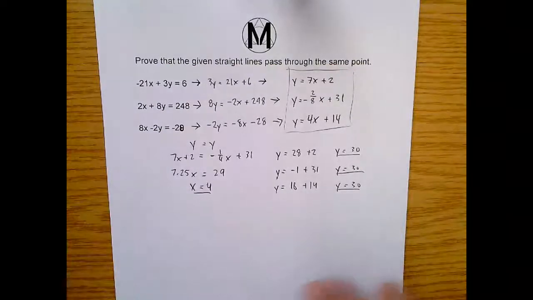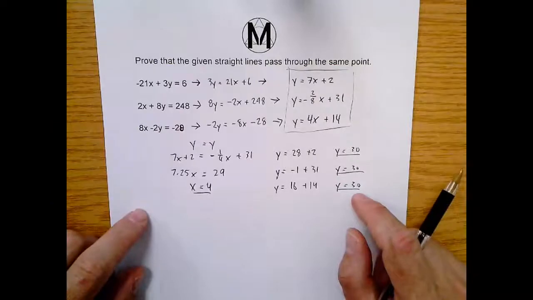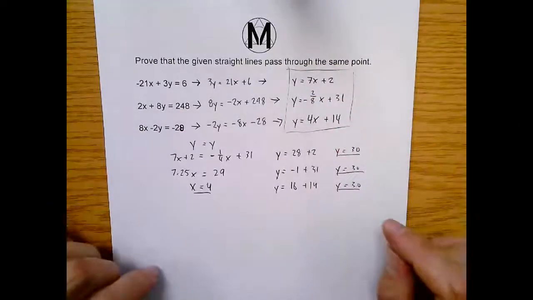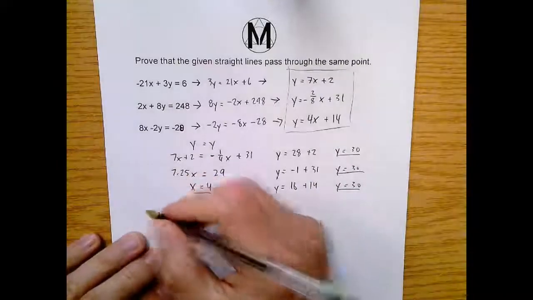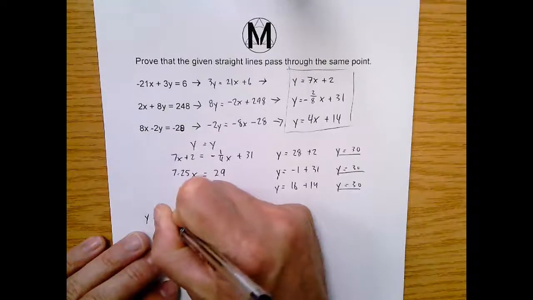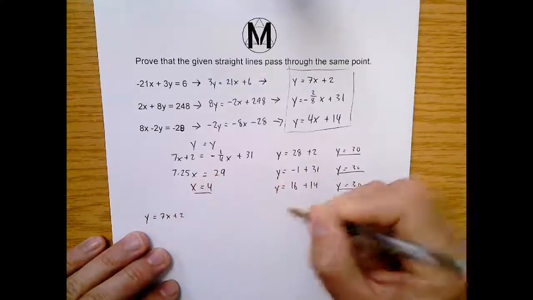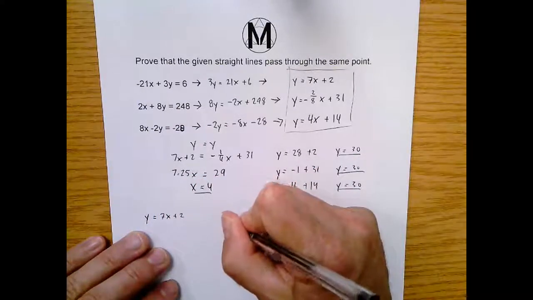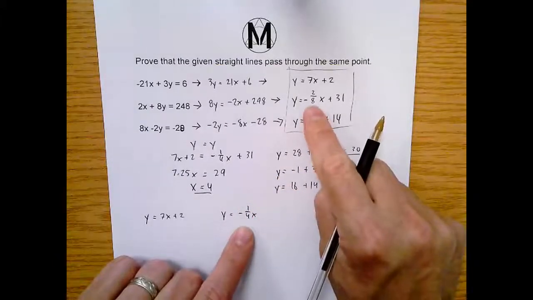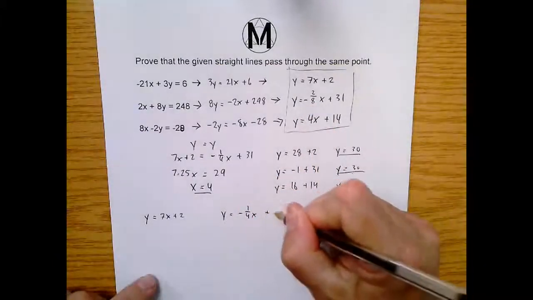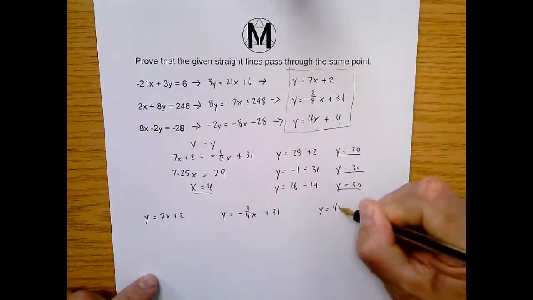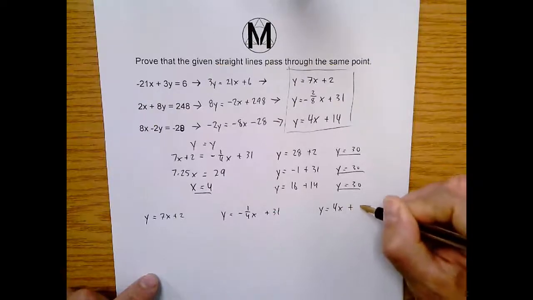But if you want to be extra super duper sure, you could plug in your x and y to all three and see what happens. So I'll go ahead and do it. I'm going to make my super safe line here. I got y is 7x plus 2. That's my first one. I got y is negative 1/4 x, to be clear, I just simplified, plus 31, and I have y is 4x plus 14.